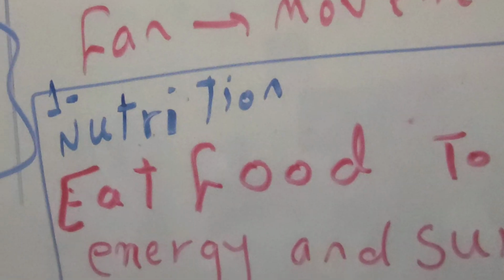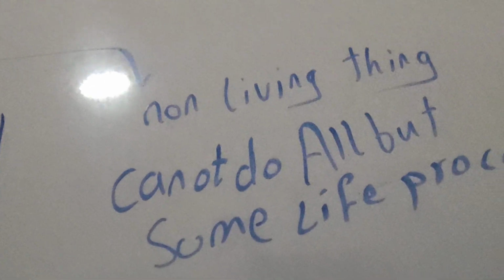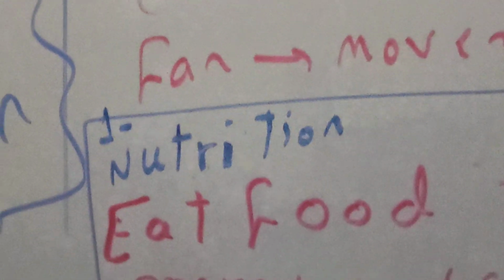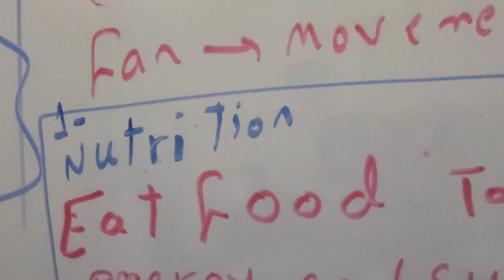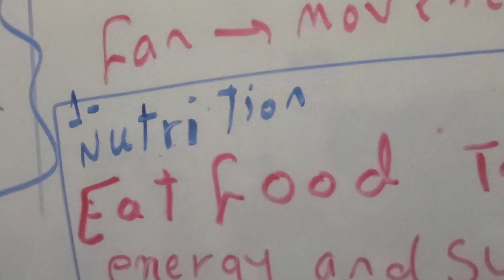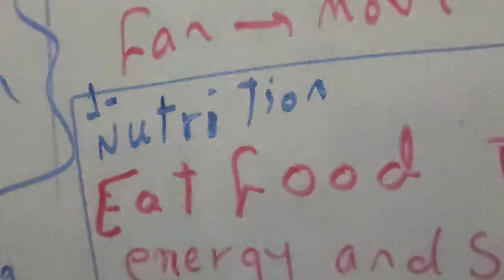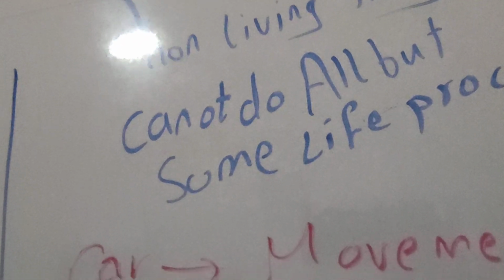No, not all of this, right? It can only move. So it's a non-living thing. What about the fan? Can a fan move, breathe, eat, drink, go to the toilet? No. So we call it a non-living thing.